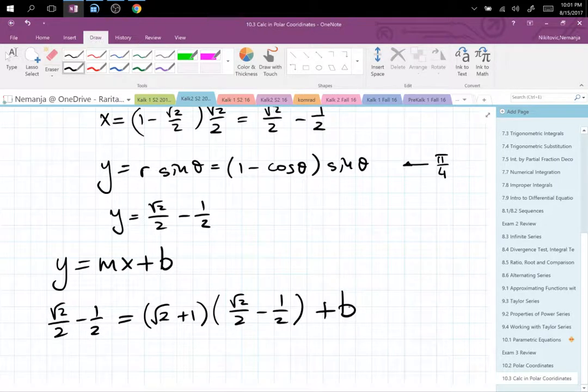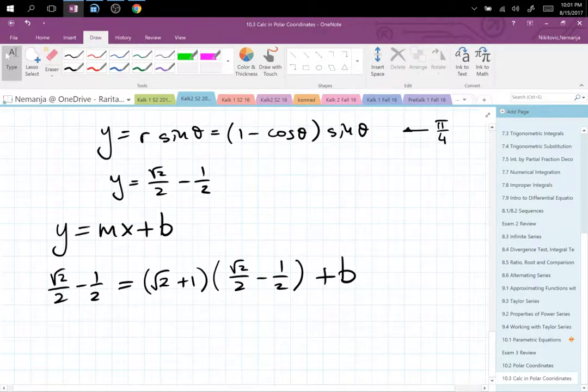Fun stuff. So root 2 over 2 minus 1/2, and now we FOIL everything. So I'm going to FOIL and bring it to the left at the same time.